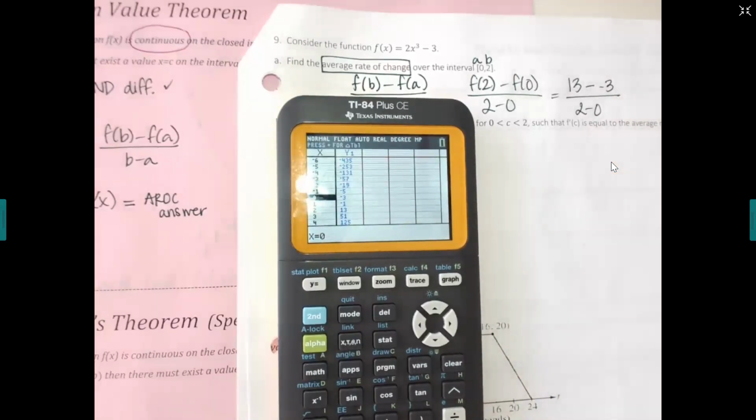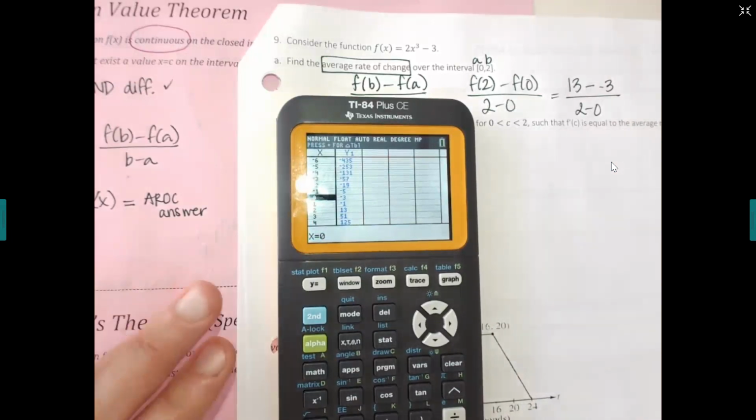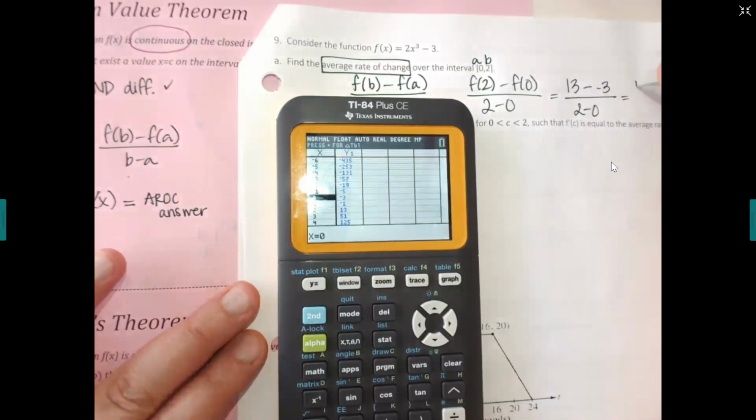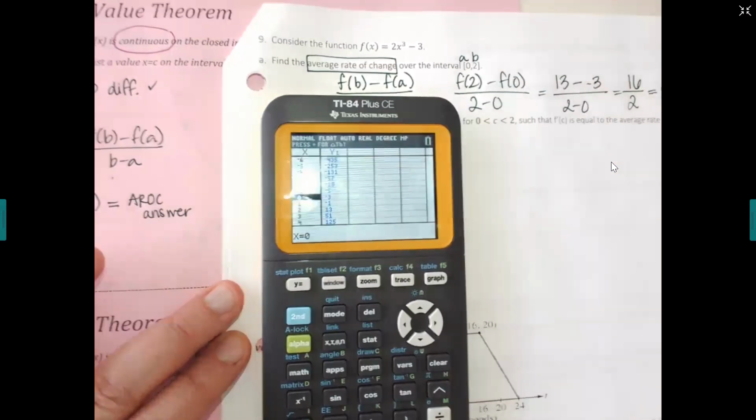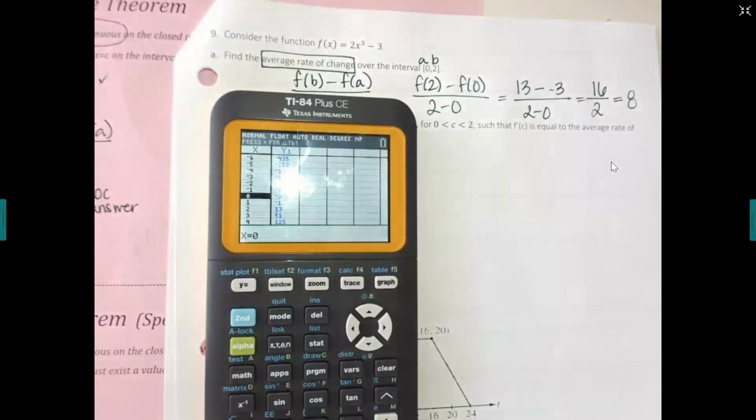Now, if I have 13 minus -3, what is that the same as? 13 plus 3, which is 16, over 2 minus 0, which is 2. 16 divided by 2 is 8. Here's what that means. My average steepness is 8. Then mean value theorem promises me that there will be a place where the slope is 8.